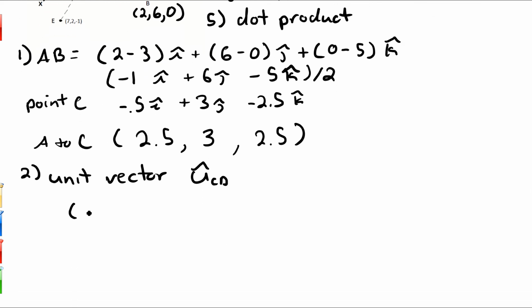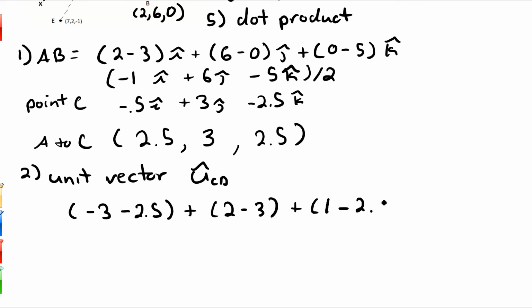So we're going to have a -3 minus a 2.5. Then we're going to have a 2 minus a 3. And then we have a 1 minus a 2.5. And all this is going to be over the resultant of each one of these.